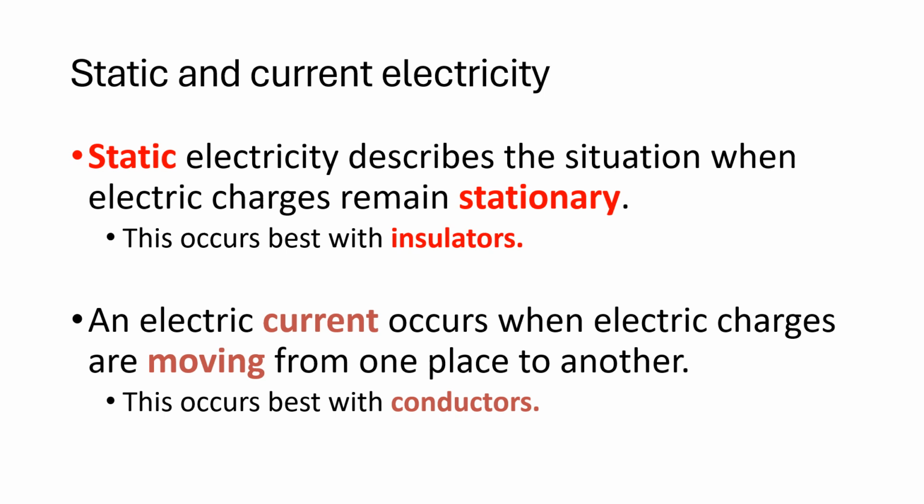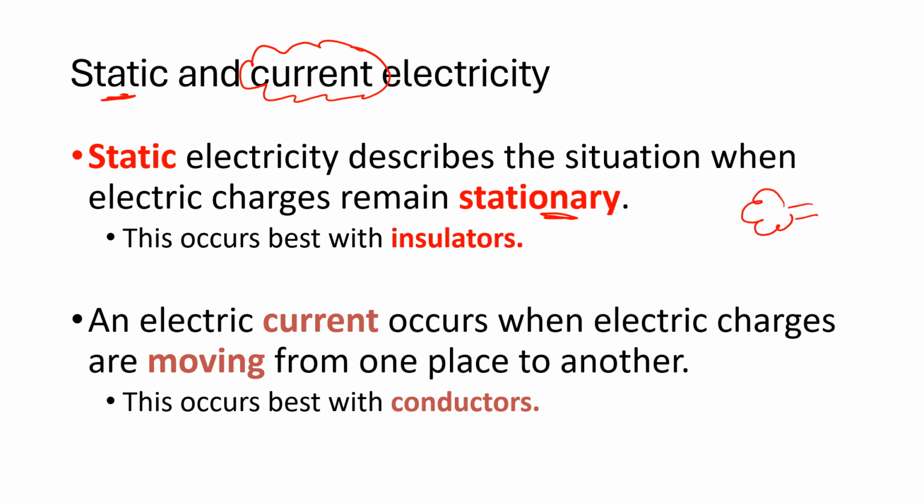Then we have two types of electricity. We have static electricity and we have what we call current, and this would be the main topic within this week. So let's start with static electricity. We say that we have static electricity when we have stationary charges. So remember your doorknob.